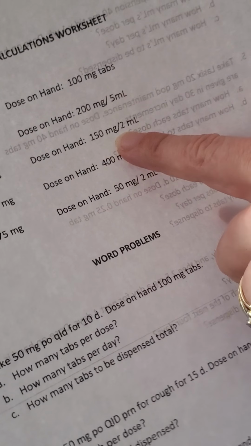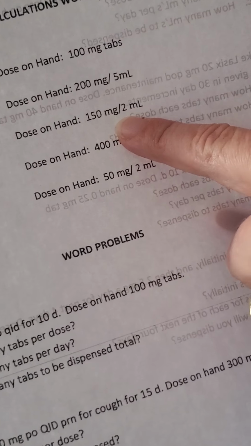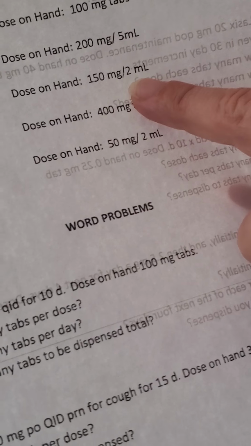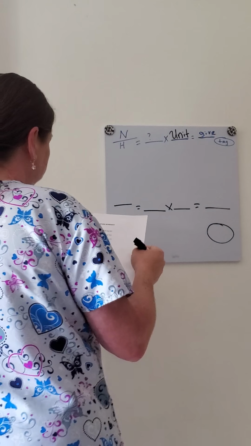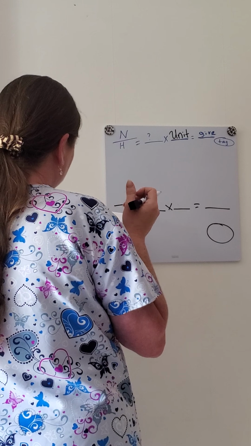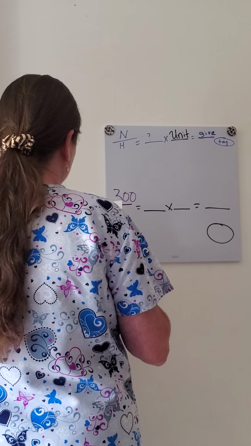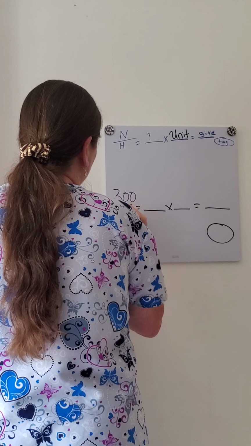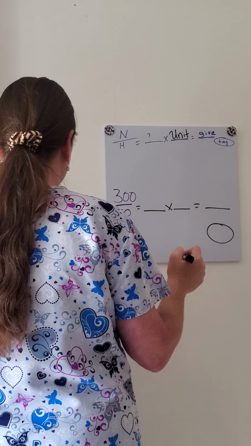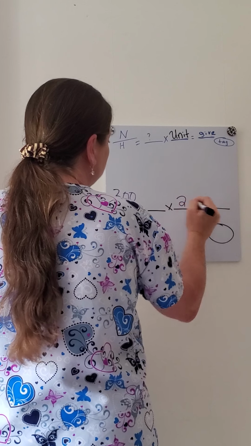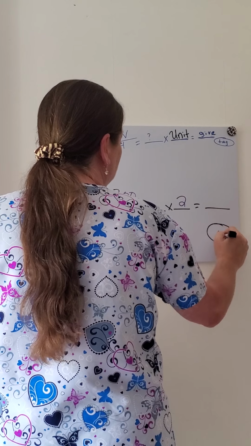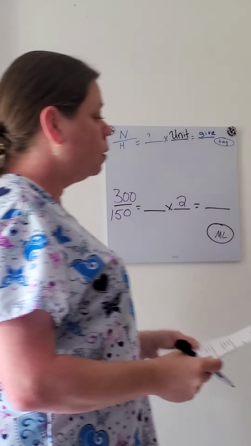Dose on hand, 150 milligrams per 2 ml. So let's set it up. The dose we need, 300 milligrams. The dose we have, 150 milligrams per 2 ml. Okay?